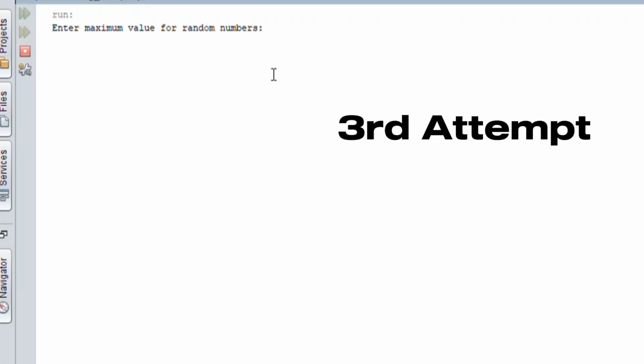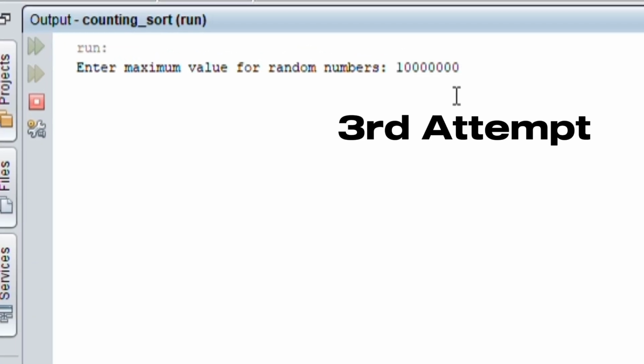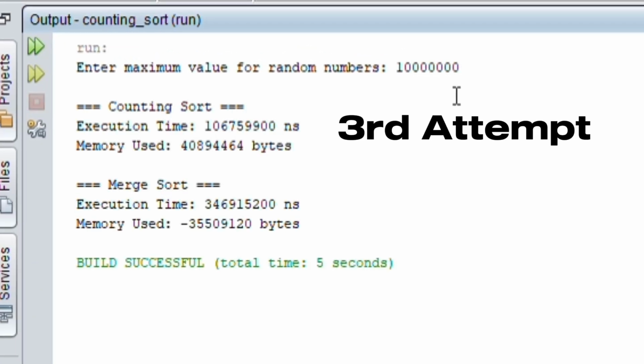In our third attempt, we used a maximum value of 1 million for random numbers and generated them with the counting sort algorithm and the merge sort algorithm. The counting sort algorithm has a lower time than the merge sort algorithm, while the memory use of the counting sort algorithm is larger than the merge sort algorithm's.